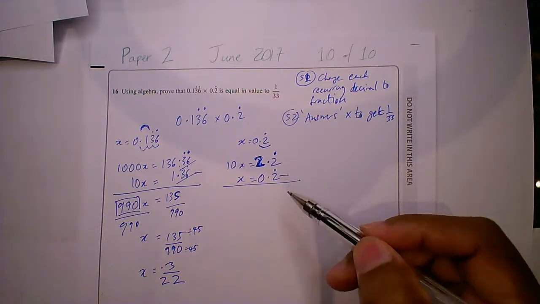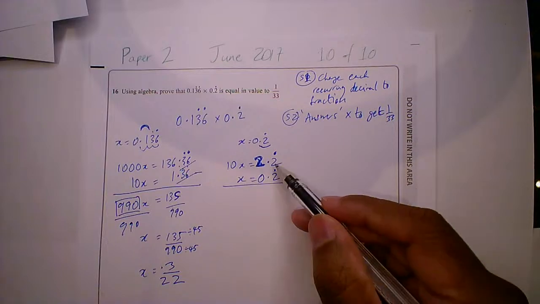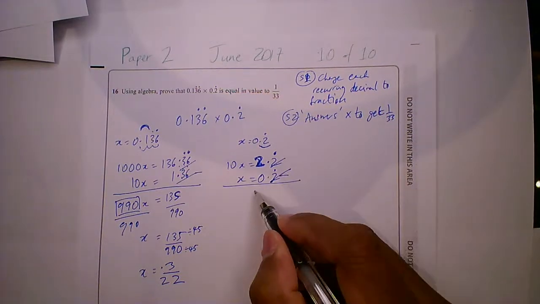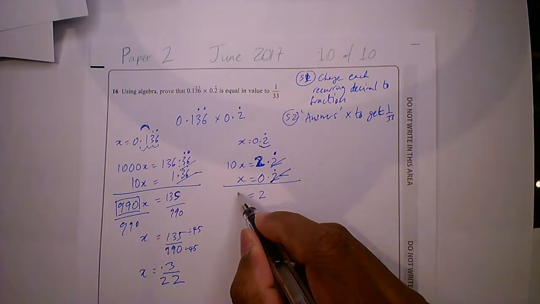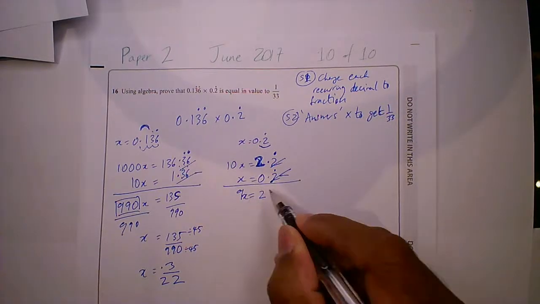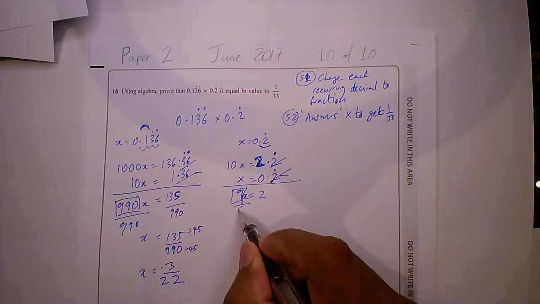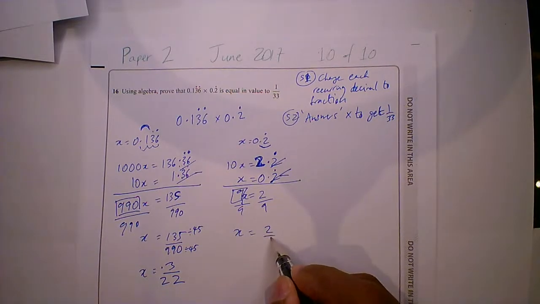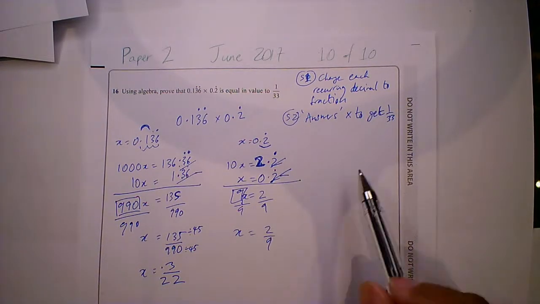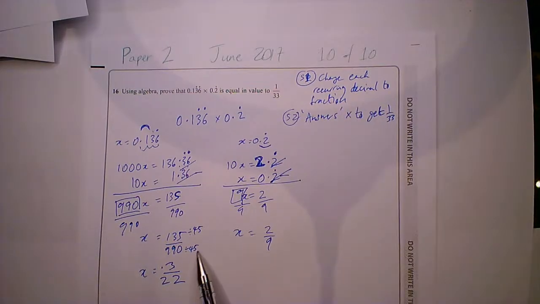The recurring decimals are in alignment, so I can subtract. 2 take away 0 is just 2. 10x take away x is 9x. So now I can just divide by 9. X equals 2 over 9. So now I've changed these into fractions.